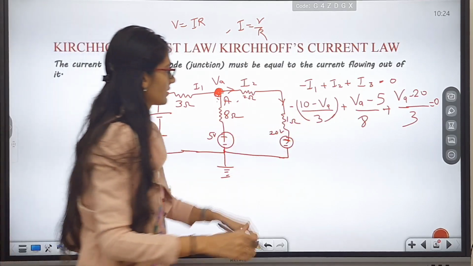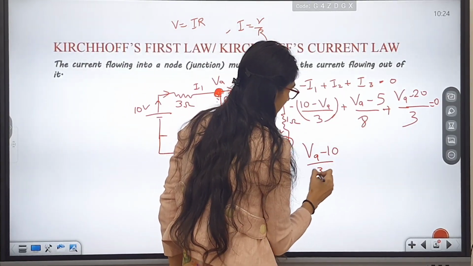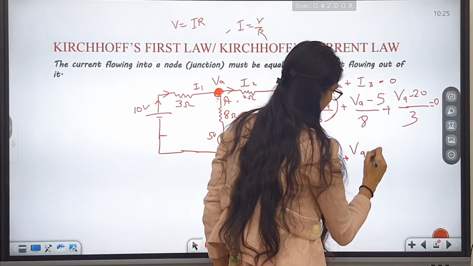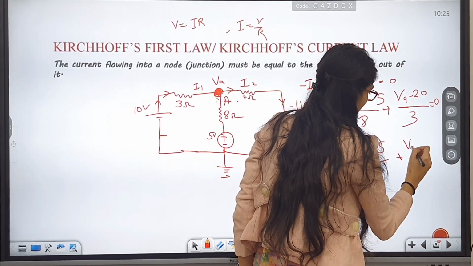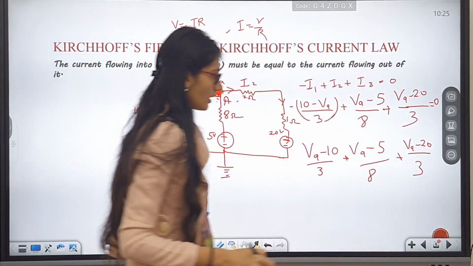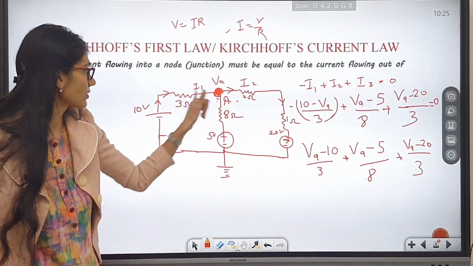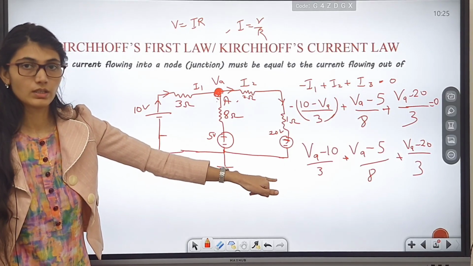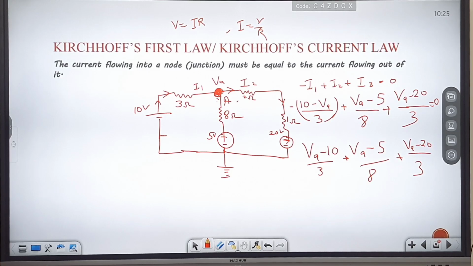Just take it inside: VA minus 10 upon 3 plus VA minus 5 upon 8 plus VA minus 20 upon 3. Our result will tell us whether we have taken the right direction of the current or wrong. So we will see what VA is in the end.